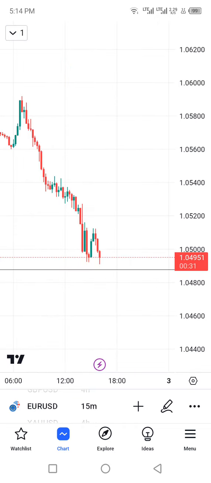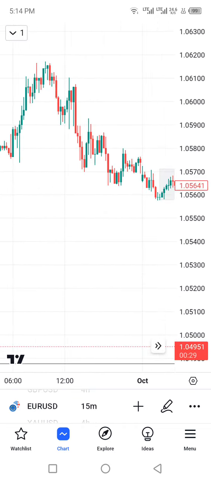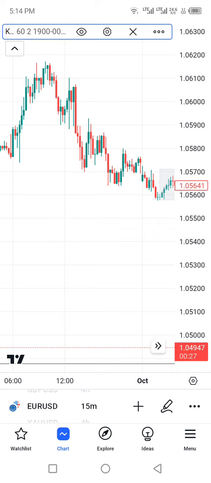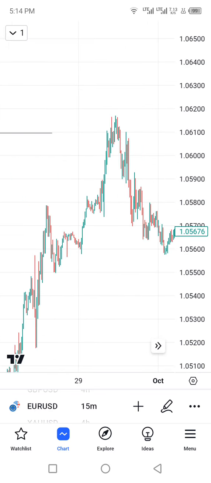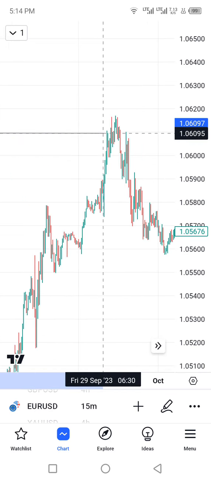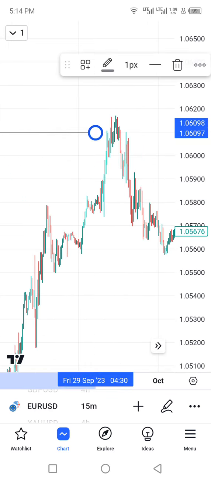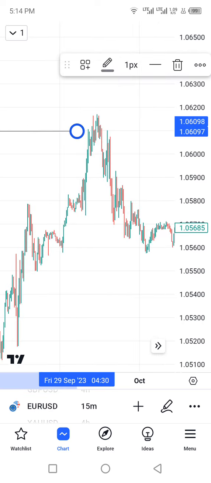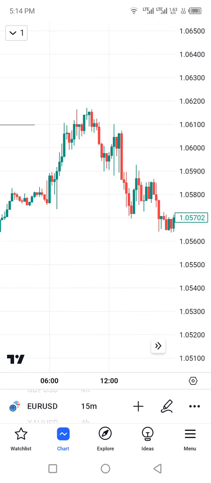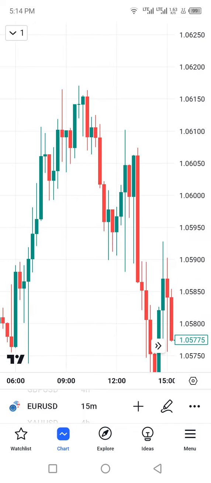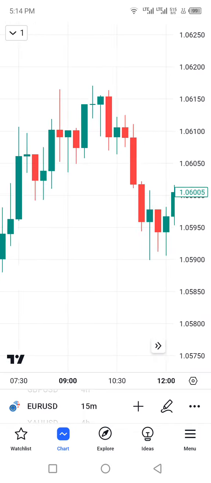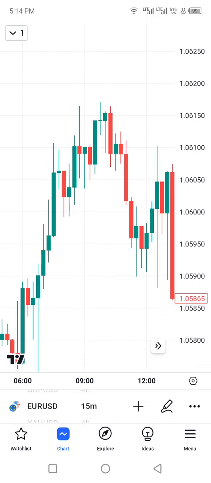In the 15 minutes, this is where we have the sweep of liquidity, the inducement sweep, rather the liquidity sweep. That's where the market swept liquidity, and we would find change of character.